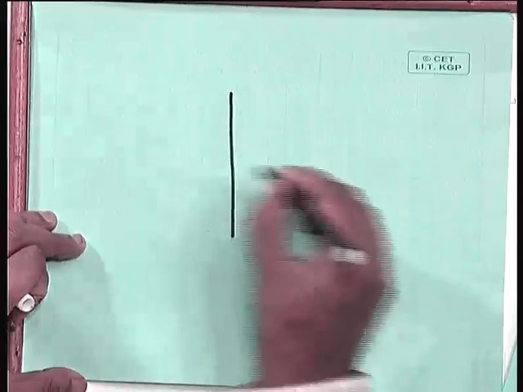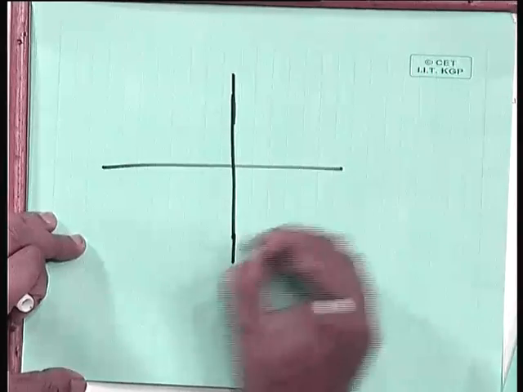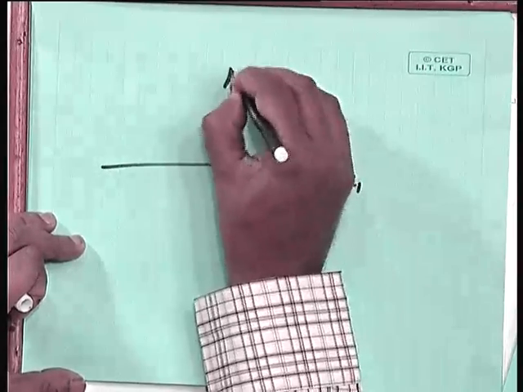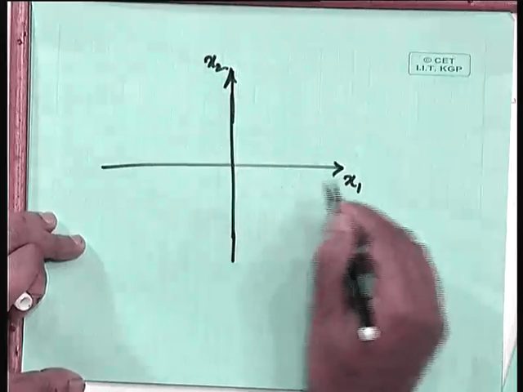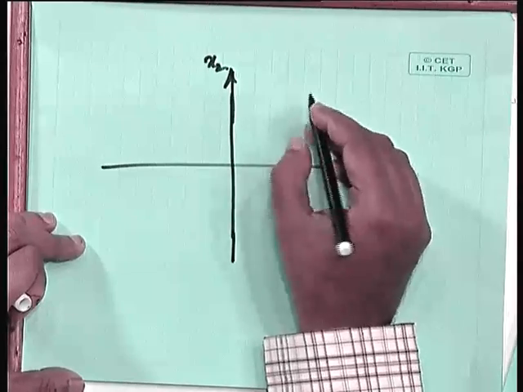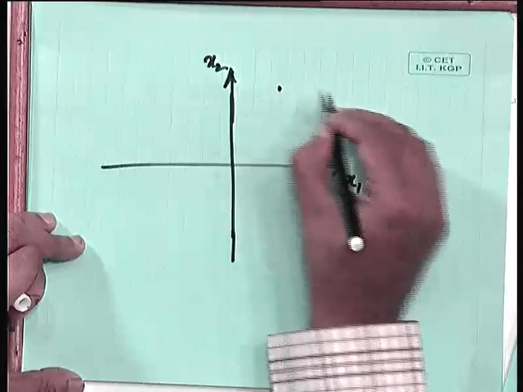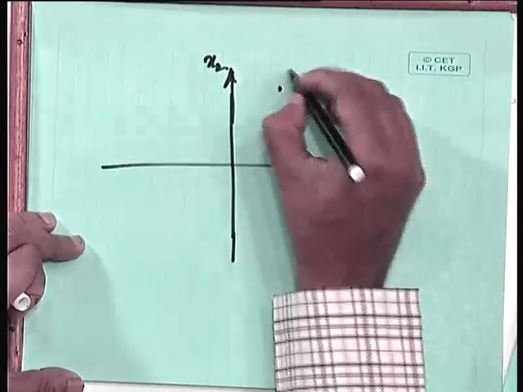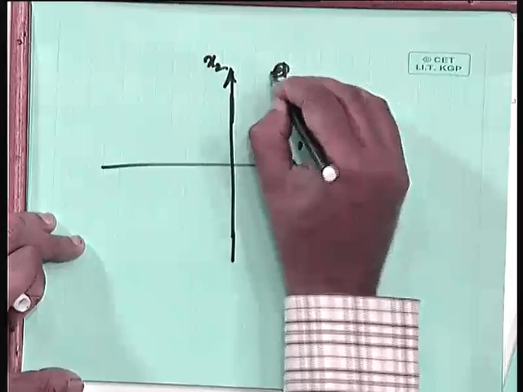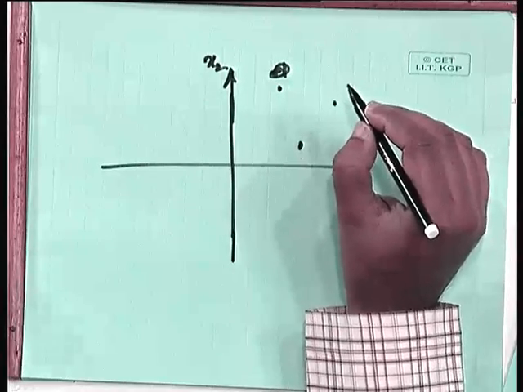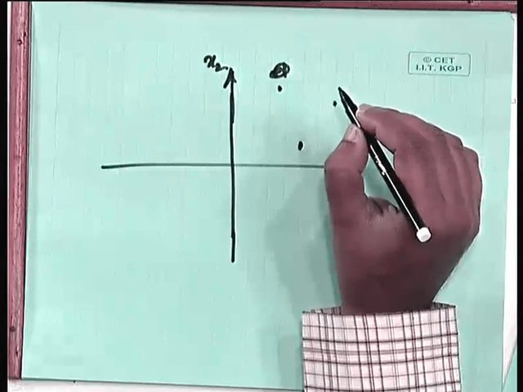Let us increase it to 3 points. Let us say that we have a 2-dimensional space, x1, x2, and we take 3 points. Now, these 3 points could have any combination. There are now 8 combinations possible, isn't it? All of these can be plus 1, plus 1, plus 1.